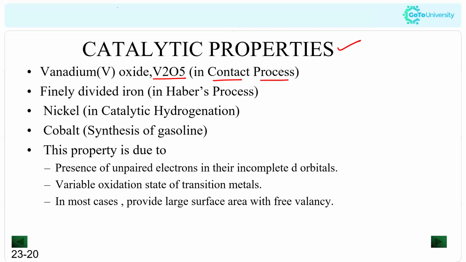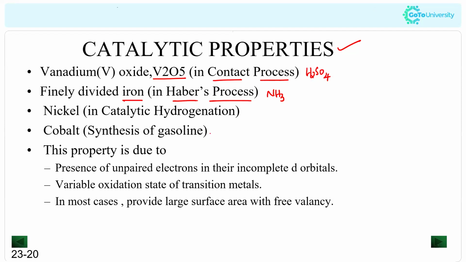So in this process, we use vanadium pentoxide as the catalyst. Another one, iron. Finely divided iron can be used as a catalyst in the Haber process. What is the Haber process? This is the industrial preparation of ammonia. So for the Haber process, we use iron, and for the contact process, the preparation of sulfuric acid, we use vanadium pentoxide.